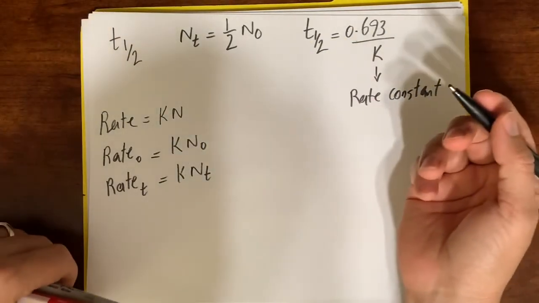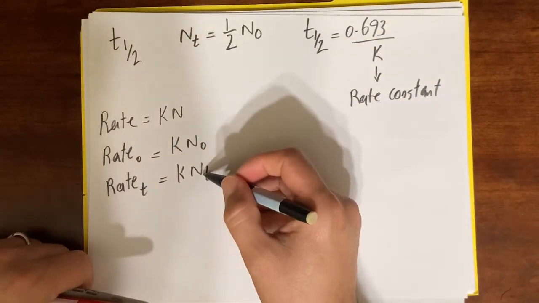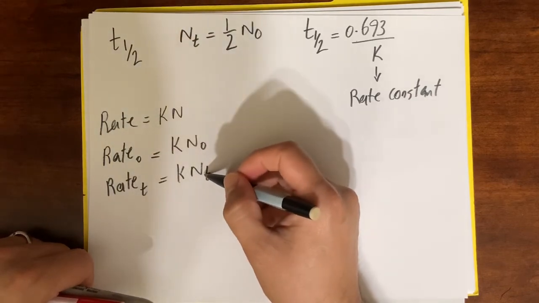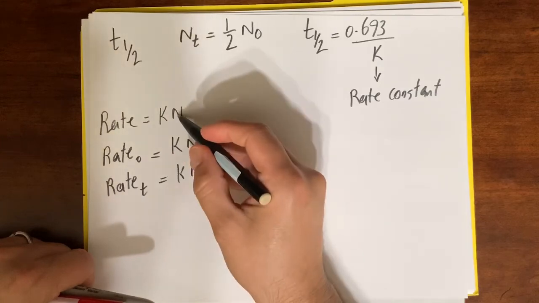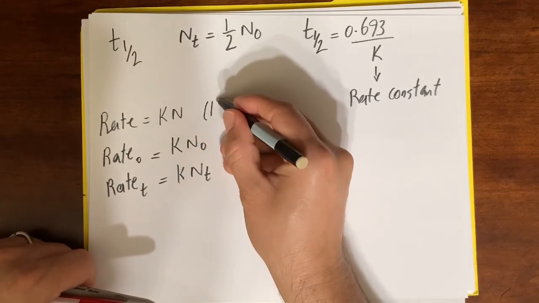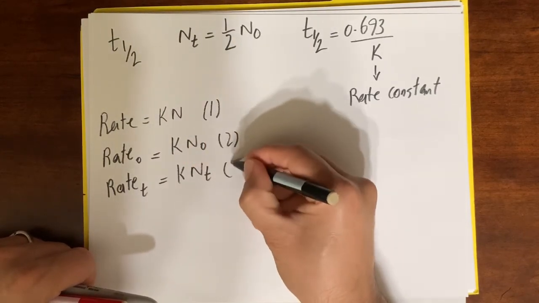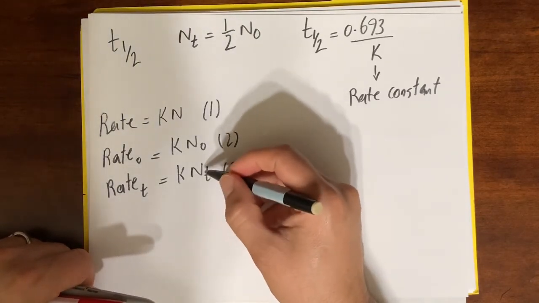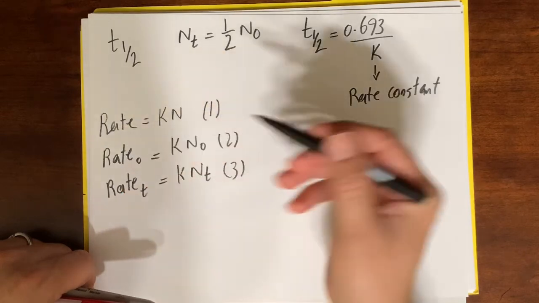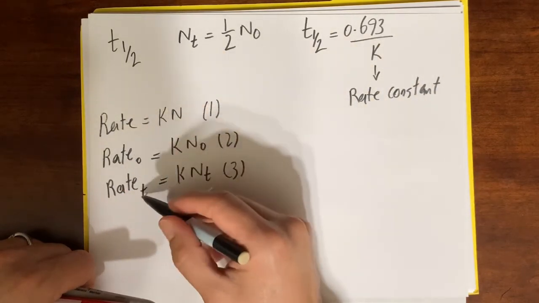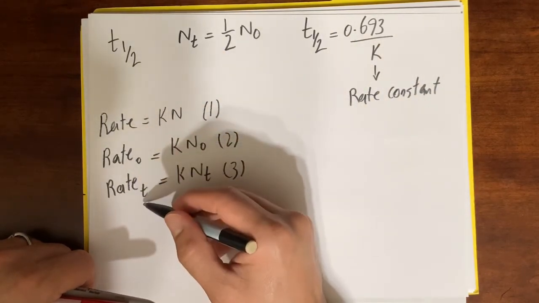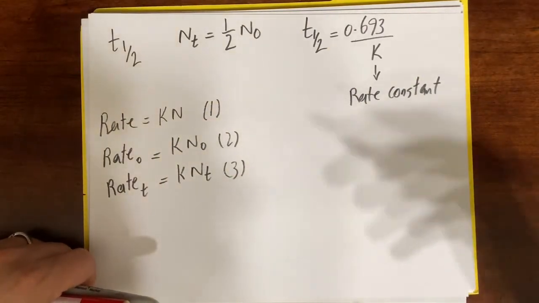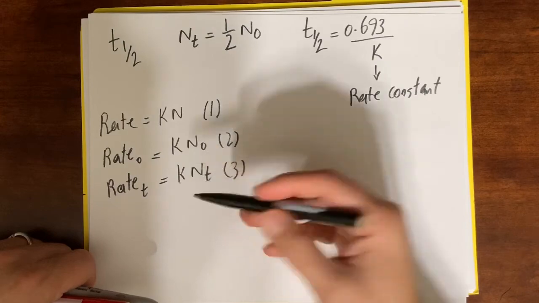If I know the number of nuclei after T time, I will put it inside this formula. If we call this one 1, that one 2, this one 3, put the N, whatever is left from N, inside number 1, and it's going to give you the rate. But the rate that you get this time, you call it rate T, because the rate after T time is going to go down because N is going down.